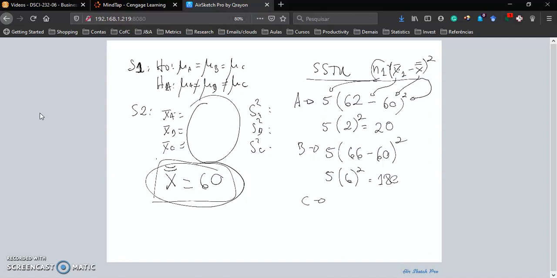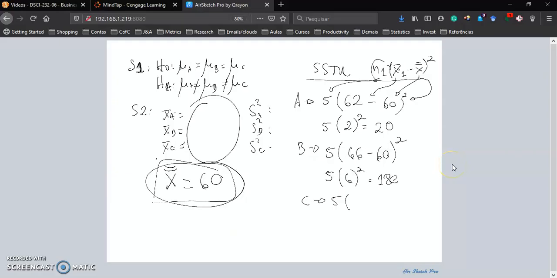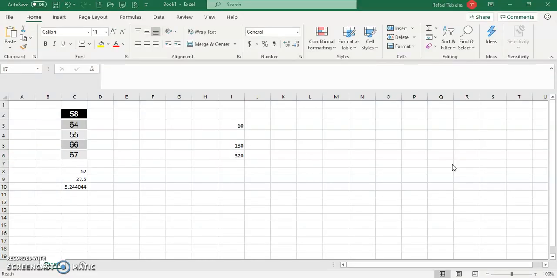And for group C, I also have 5 observations. The sample mean for group C is 52. 52 minus 60 is minus 8, squared is 64, multiplied by 5, which is 320.